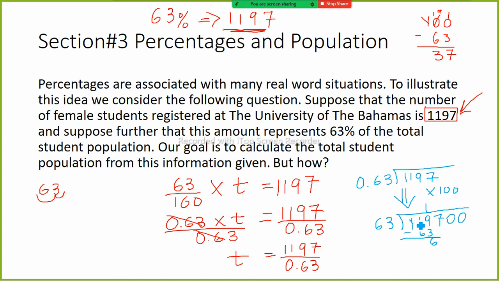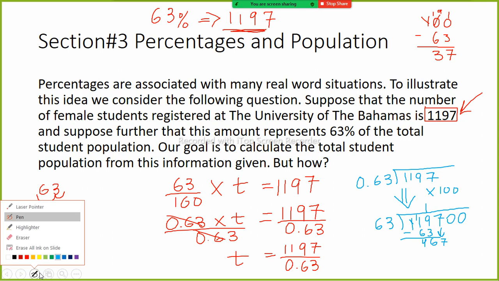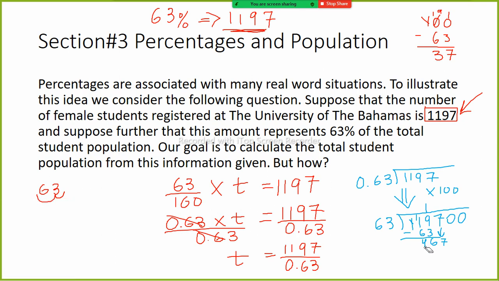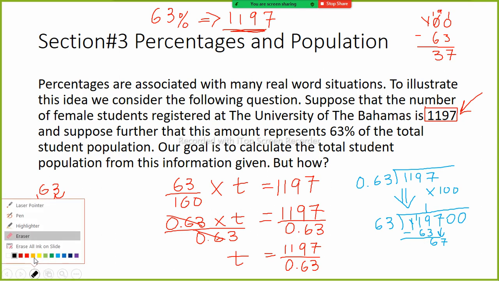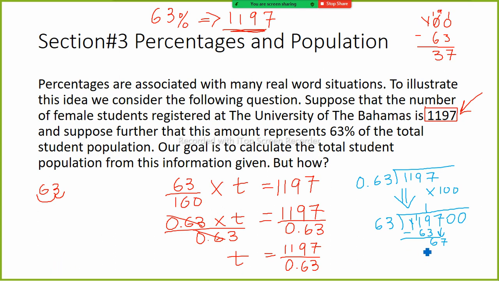And 11 minus 6 is, no, 11 minus 6 is 5. Yeah, 5. Thank you for the observation. So we have 5, 6, 7.